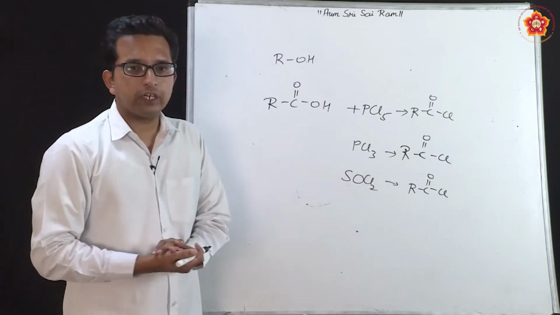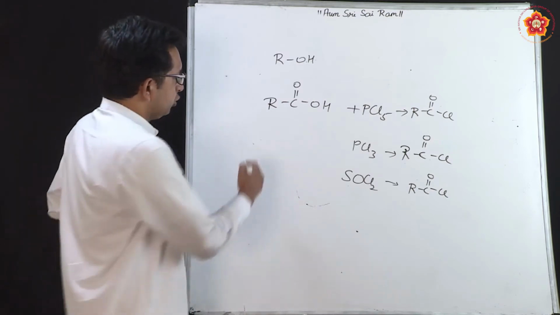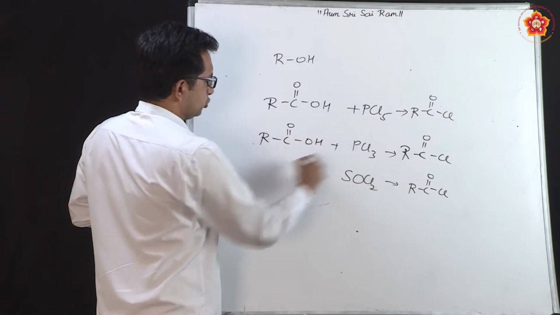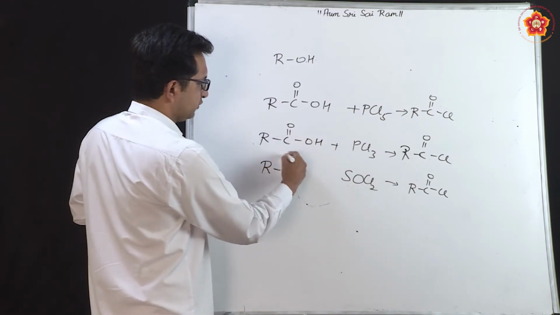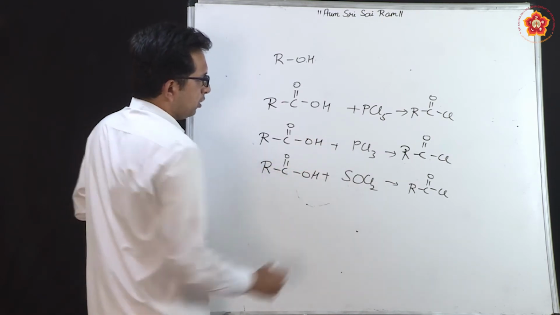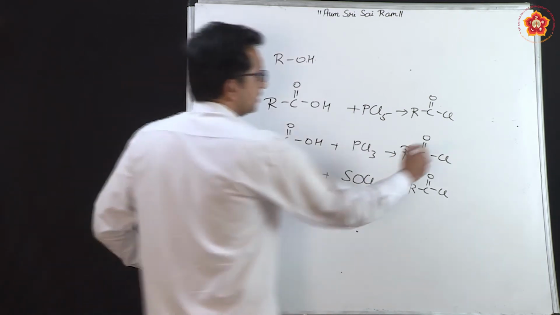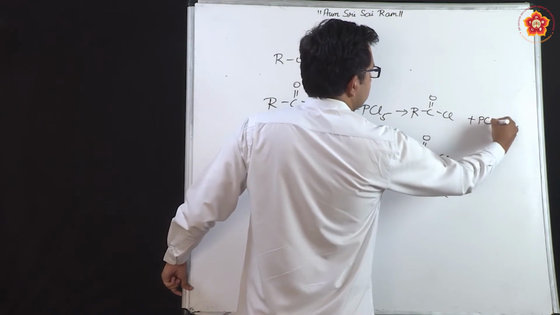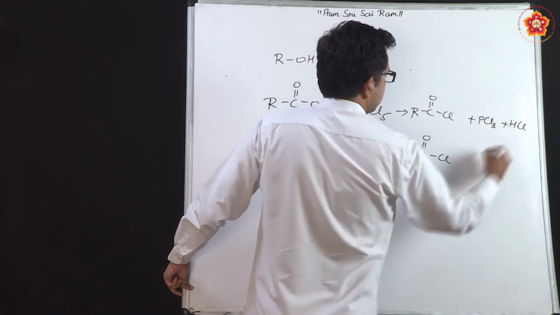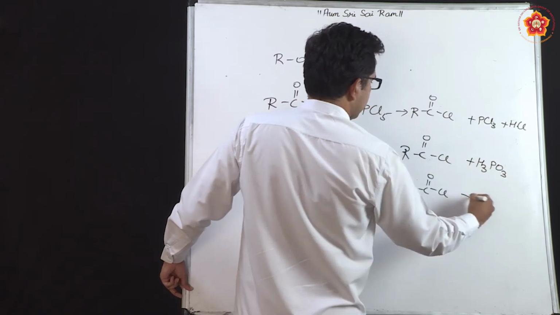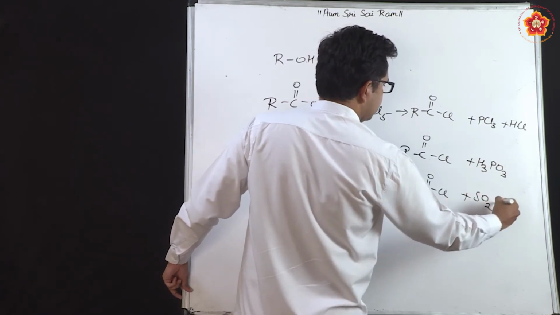Now, the question is what type of byproducts can be obtained. Like in the alcohols chapter, if you can remember the byproducts which were formed in those cases, here the byproducts will be POCl3 and HCl, whereas here it will be H3PO3, whereas here it will be SO2 gas and HCl.